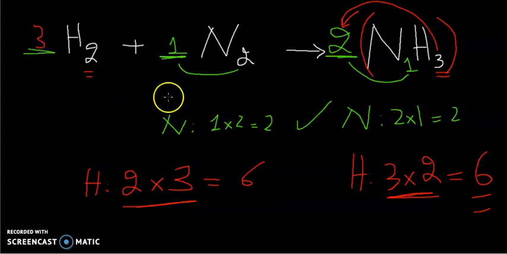Now, if you check 3 times 2 for hydrogen, 6. 2 times 3, 6. Balanced. Nitrogen, 1 times 2 is equal to 2. 2 times 1 is equal to 2. So it is balanced on both sides.